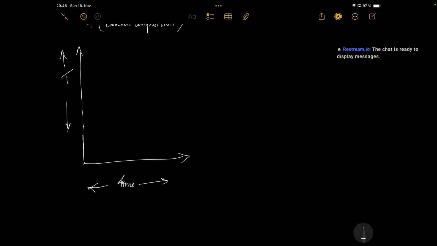So it's gonna start from a temperature and it reaches the eutectic temperature. Basically, that's it. Eutectic line.